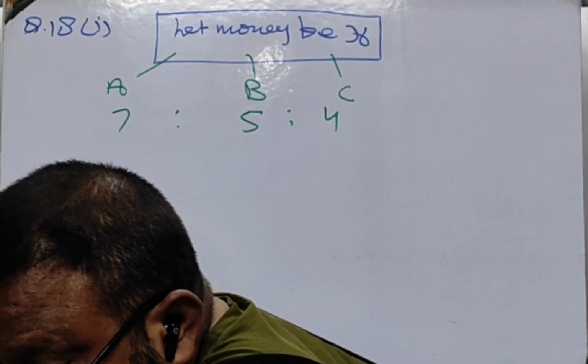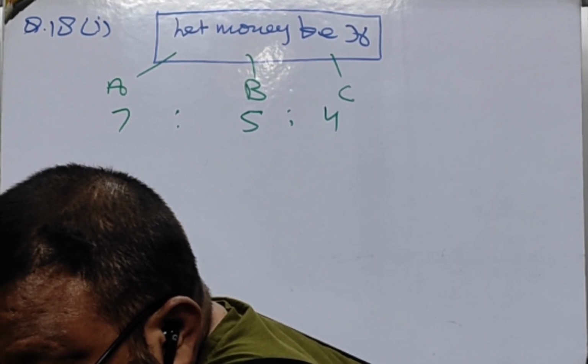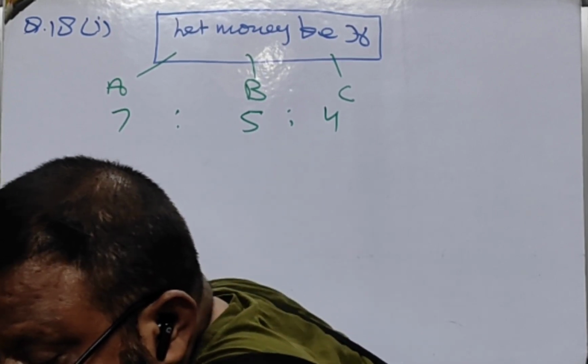So a certain sum of money was divided among A, B, C in a ratio 7:5:4.